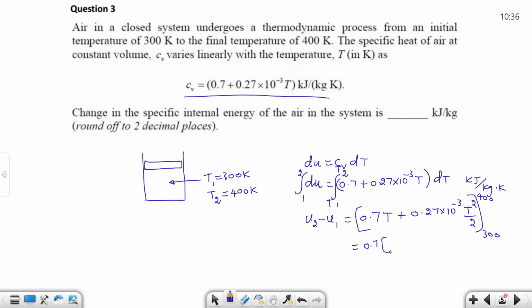So 0.7 into (400 minus 300) plus 0.27 into 10^-3 by 2 into (400 squared minus 300 squared). Let us see what we are getting.